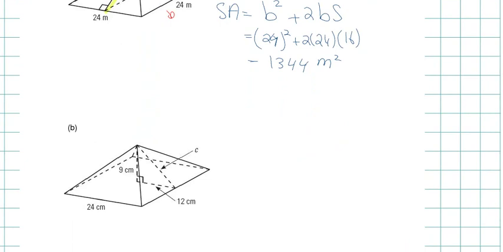I need to find c, which is my slant height, right? For the surface area, we need the slant height, because the surface area is base squared plus 2bs. This is my base, which is 24, but I don't know what my slant height is. So I have to use that right angle triangle to find my slant height.